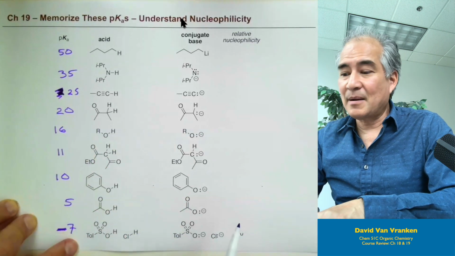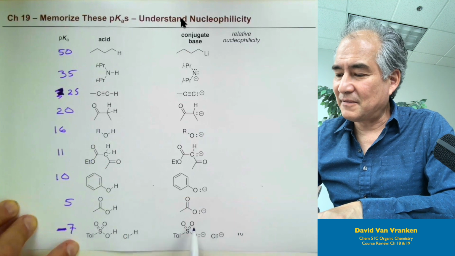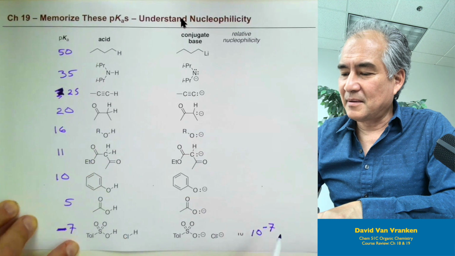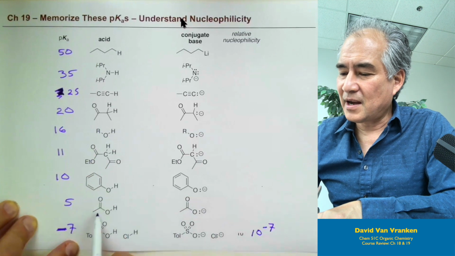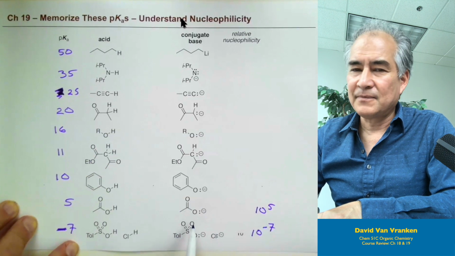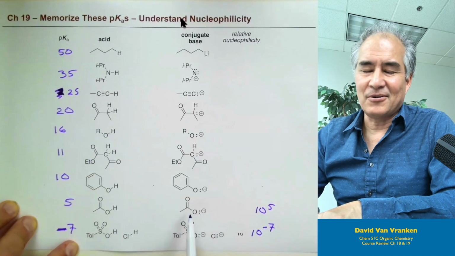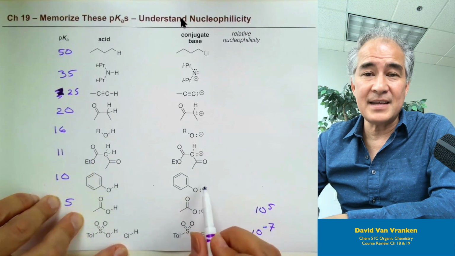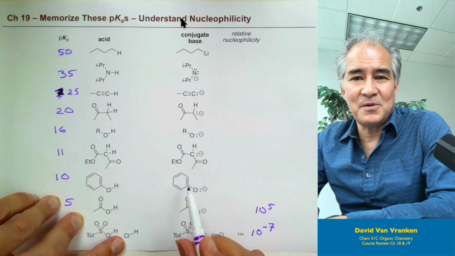So if I were to talk about the relative nucleophilicities of these, it would be at the low end of the scale, 10 to the minus 7. Over here, the conjugate acid for this would be 10 to the plus 5, way more nucleophilic. Not that you'd ever use that; it's not very common to use acetate as a nucleophile. You get to phenoxides, now we're talking about things that you might actually use as a nucleophile.